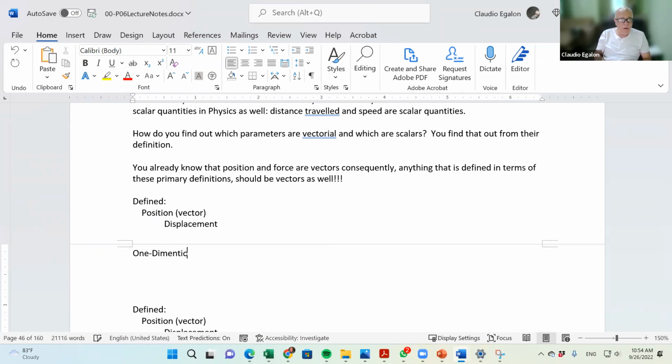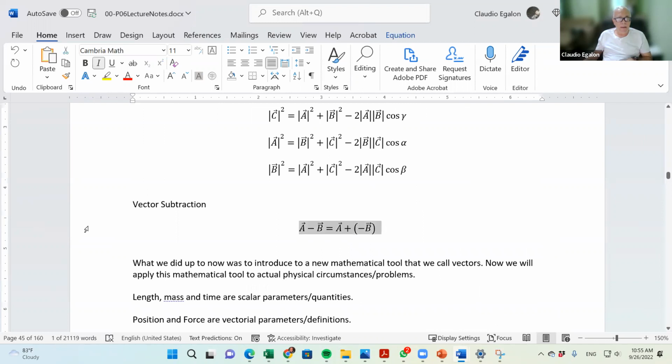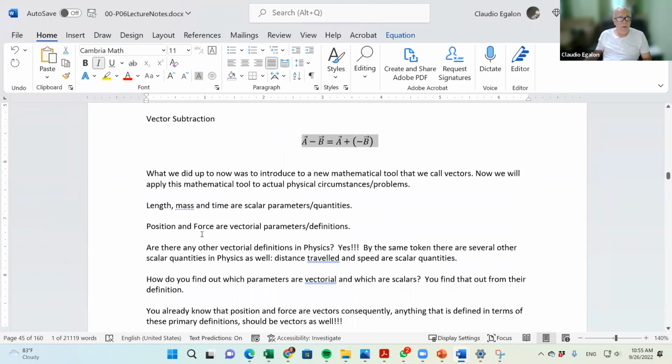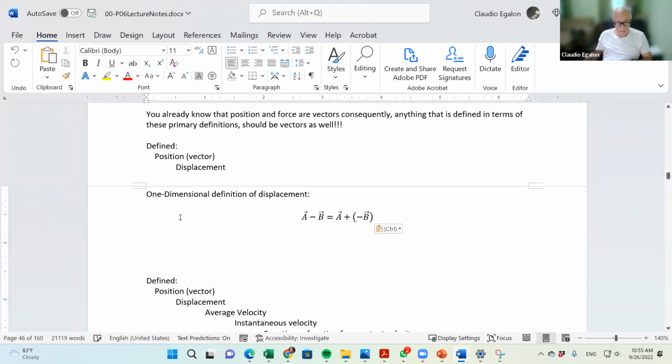One-dimensional definition of displacement. Okay, so here we go. Delta x is equal to x final minus x initial, right?